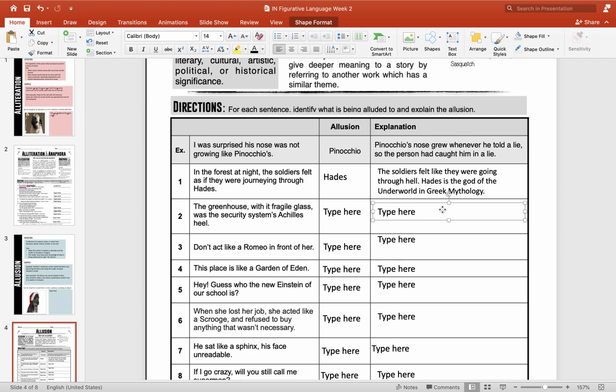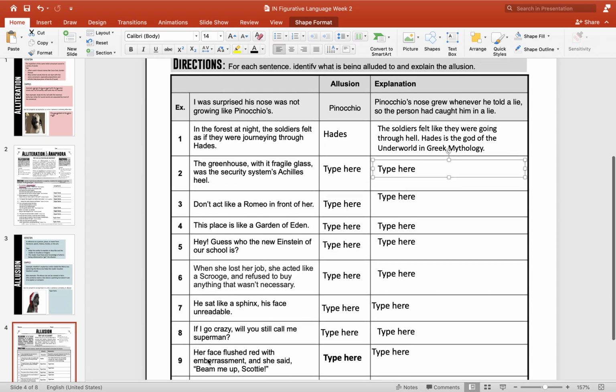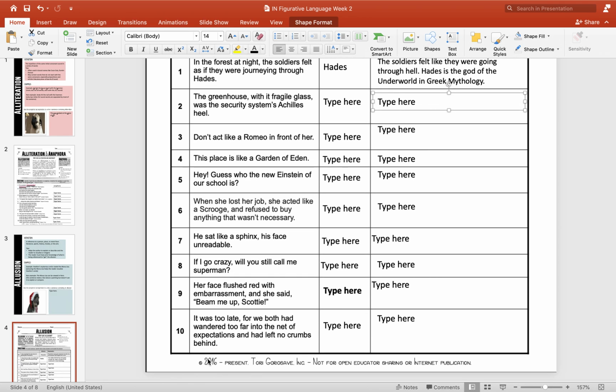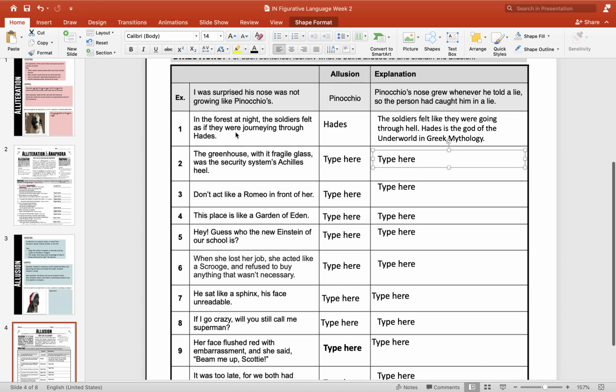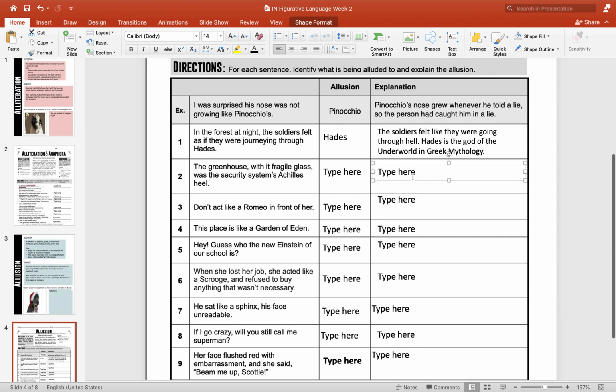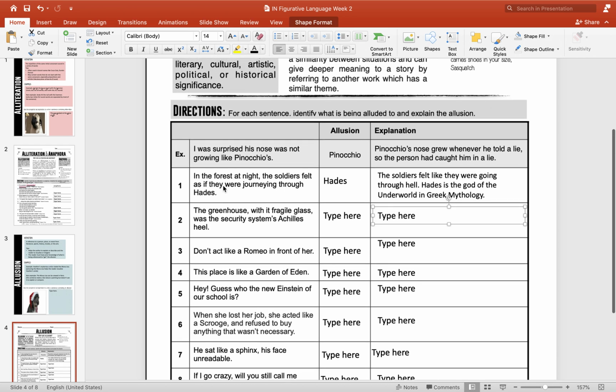Romeo, you should know who that is. Again, looking through these, you should know what all of them are. If you don't, ask someone or look it up just like I did with Hades, because that wasn't a great allusion sample, and it only made sense when we looked up who Hades was, right? Okay, let's go ahead and move on.